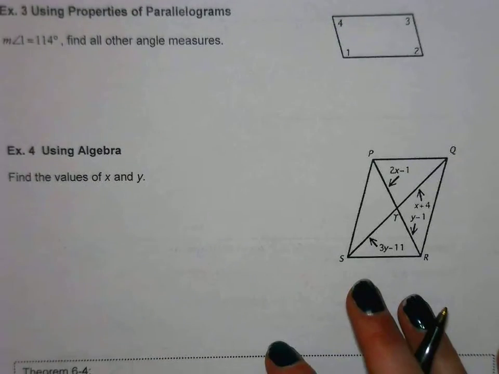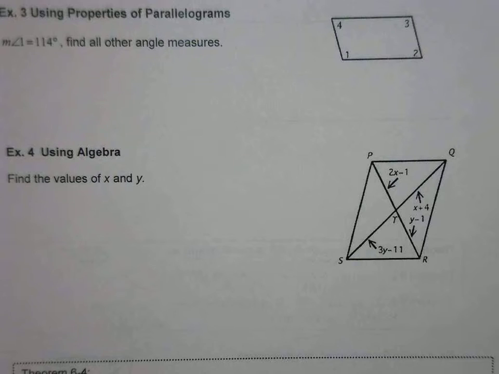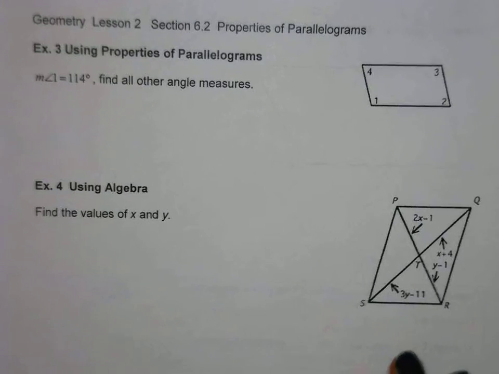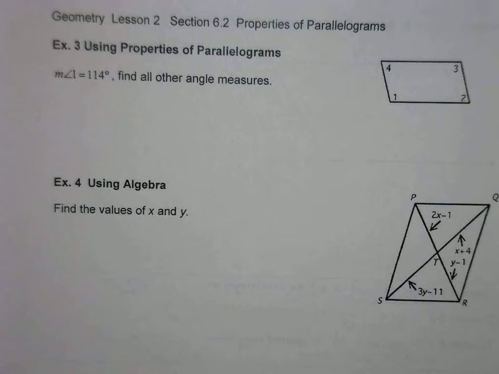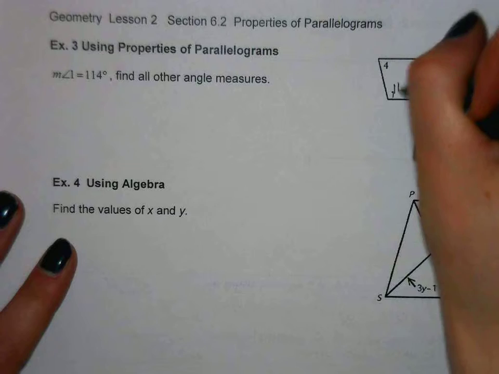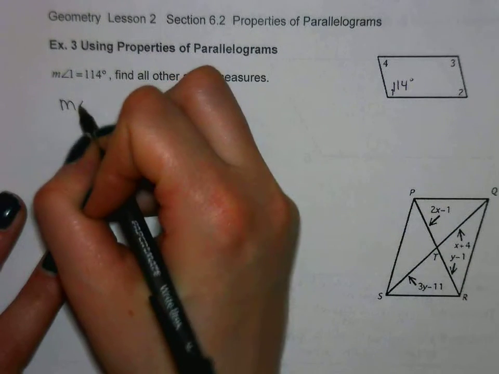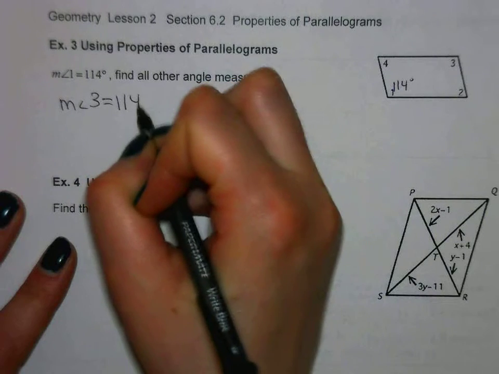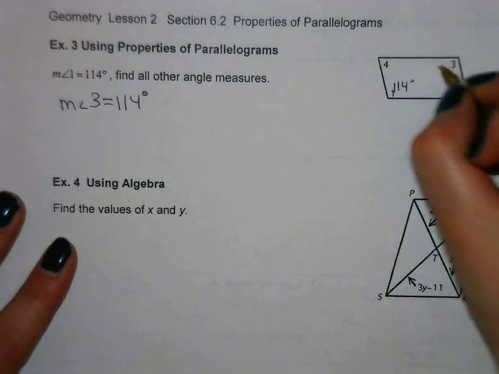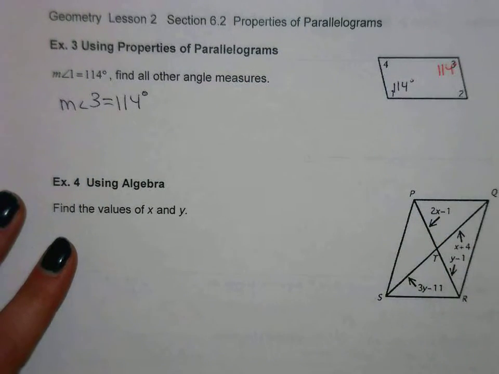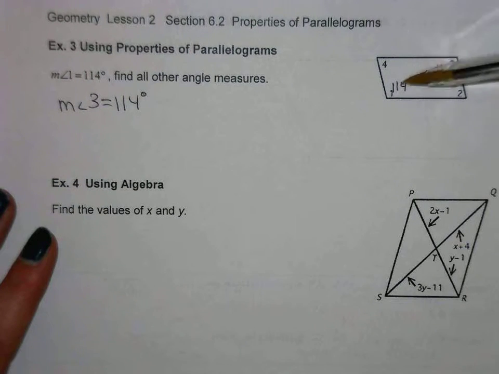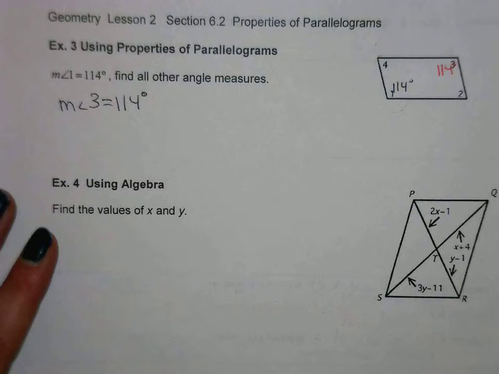Look at the back side. We are using the properties of parallelograms still. We want to find all the other angle measures. So we know the measure of angle 1 is 114 degrees. Being opposite angles, the measure of angle 3 also has to equal 114 degrees. Since these are 114, these two angles need to add up to be 180.